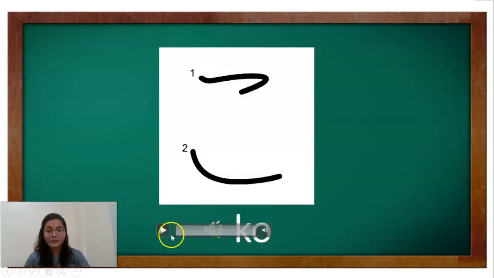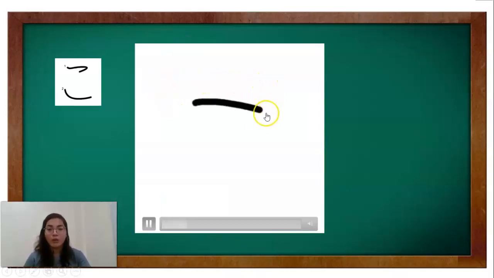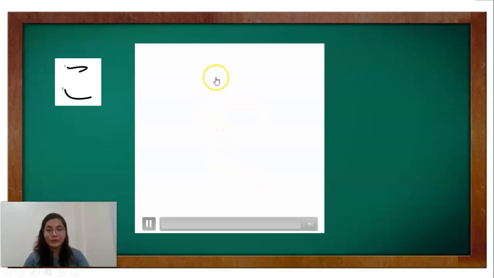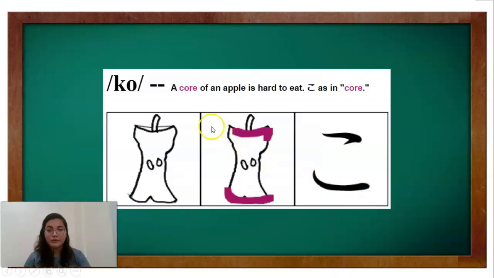Okay, next up is Ko. Ko has 2 strokes. 1, 2. Okay, let's try it again. 1, 2. To easily think of this character, imagine that there's a core of an apple that is hard to eat.